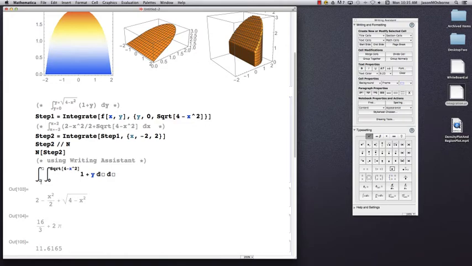And then our bounds were -2 to 2. And you do need to say the integration order here, it's dy dx. I'm hoping that if I put shift enter here, I should get the same answer as when I did integrate and integrate. If you'd like to see the partial integrals, you can break it into 2 steps.